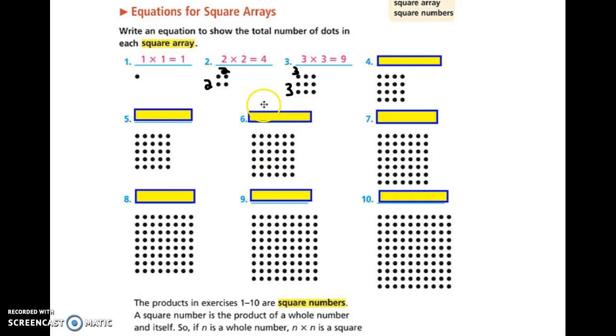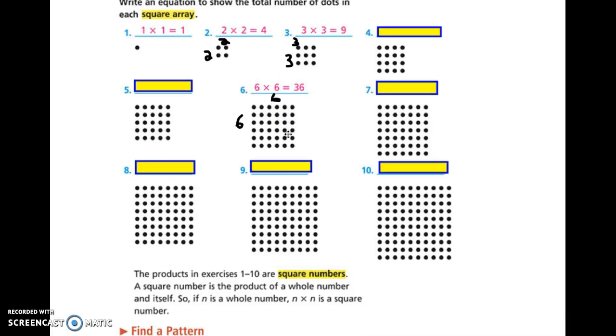Let's do number 6 here. Again, we count our dots. We've got 1, 2, 3, 4, 5, 6 dots, and we've got 1, 2, 3, 4, 5, 6 dots. So my multiplication equation is going to be 6 times 6, which equals 36. Great job.